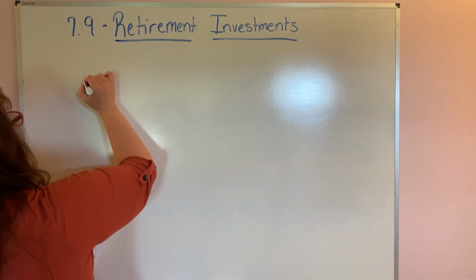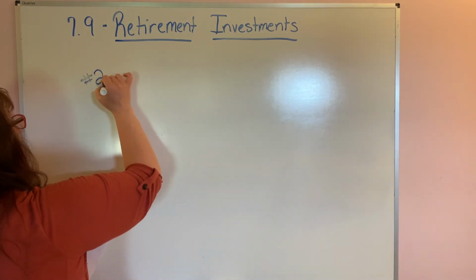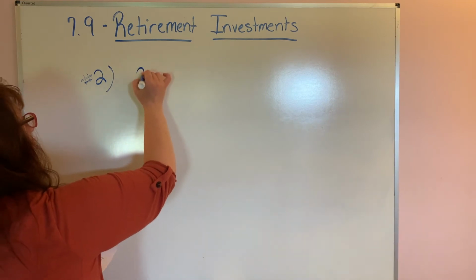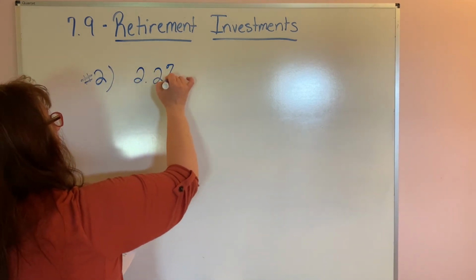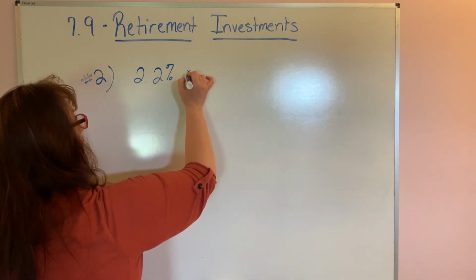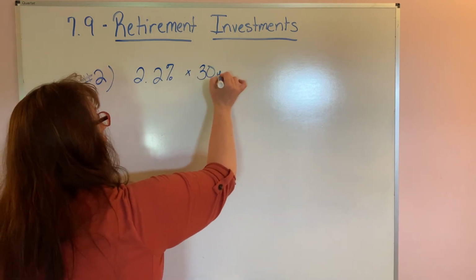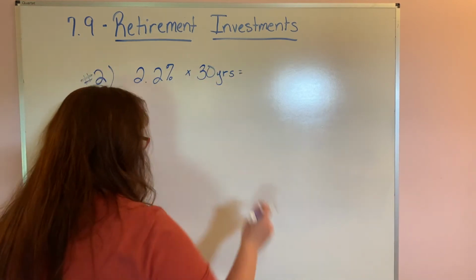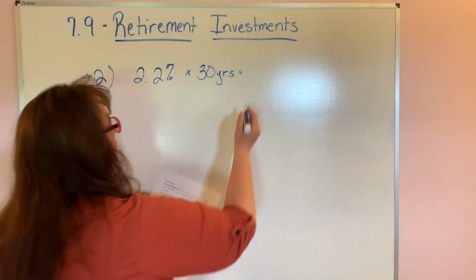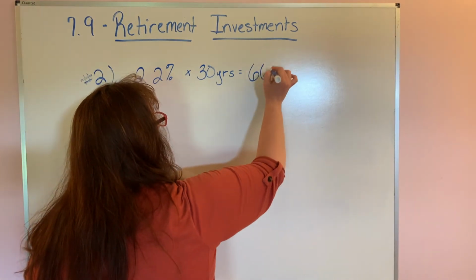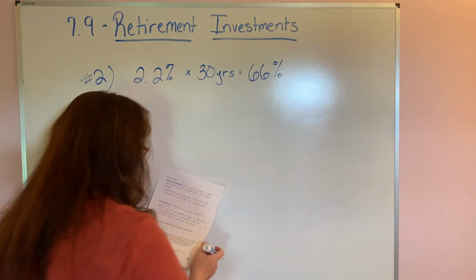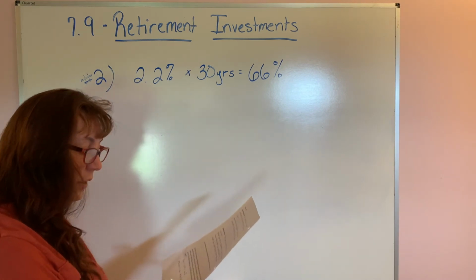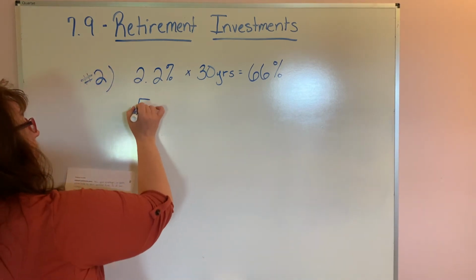So example 2, he gets 2.2% for each year, so we're going to multiply that by 30 years. He's going to get 66% of his average. His average was $56,000.